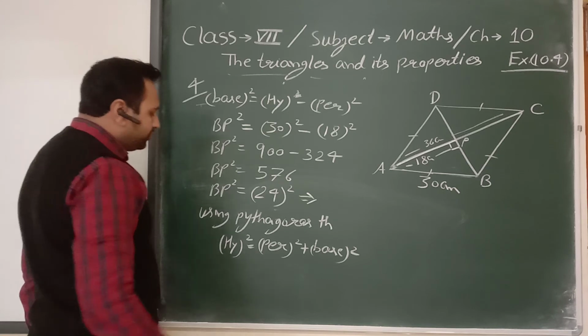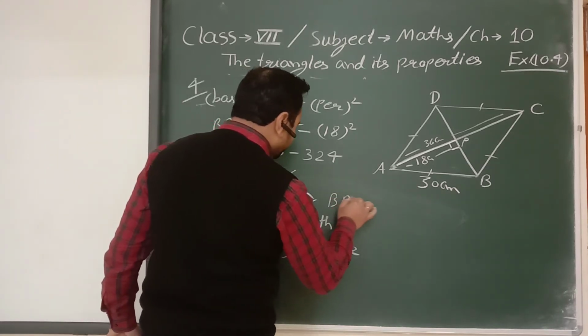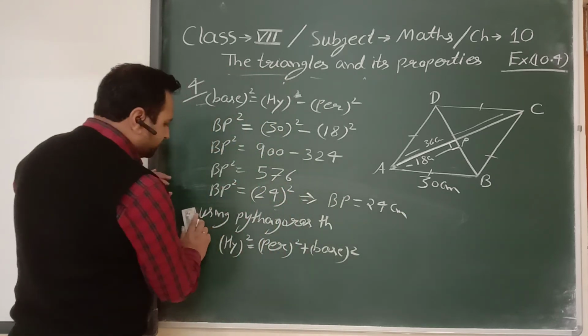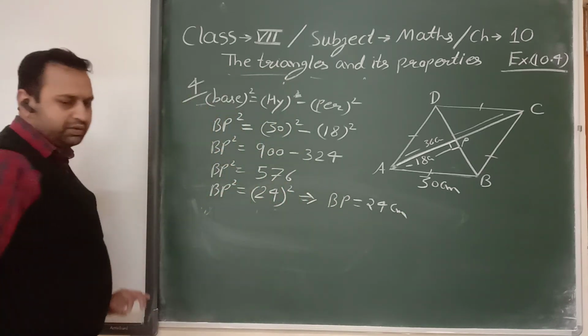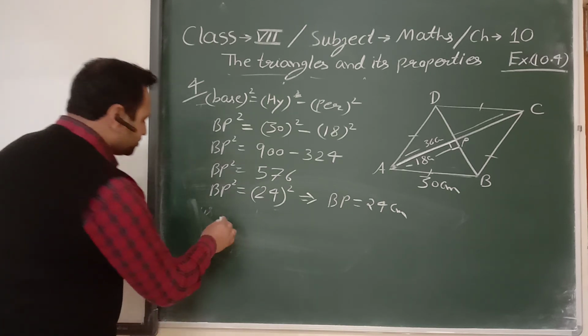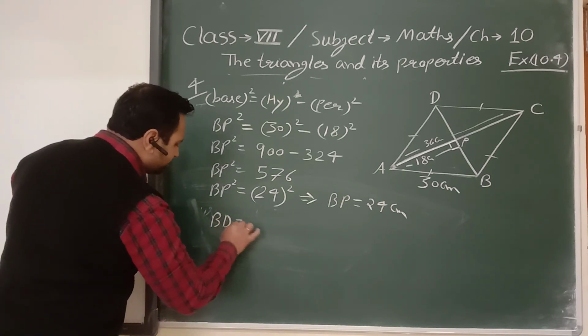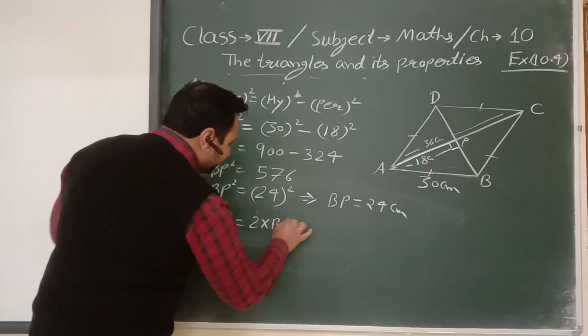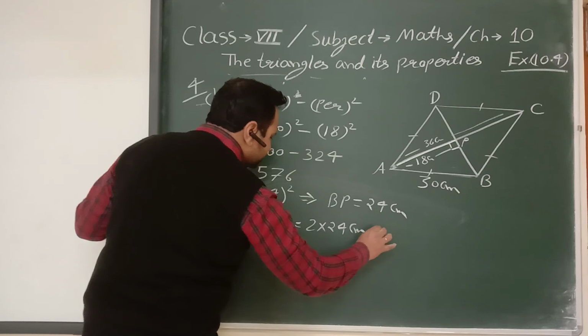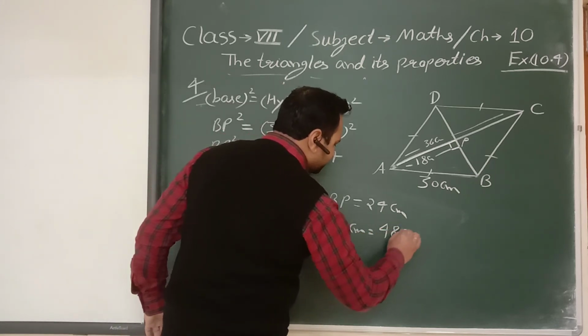Square of 24, so BP is equal to 24 centimeter. BP equal to 24 centimeter, but we have to calculate BD. So simply BD is equal to 2 multiply BP. It means 2 multiply 24 centimeter. So the answer is 48 centimeter.